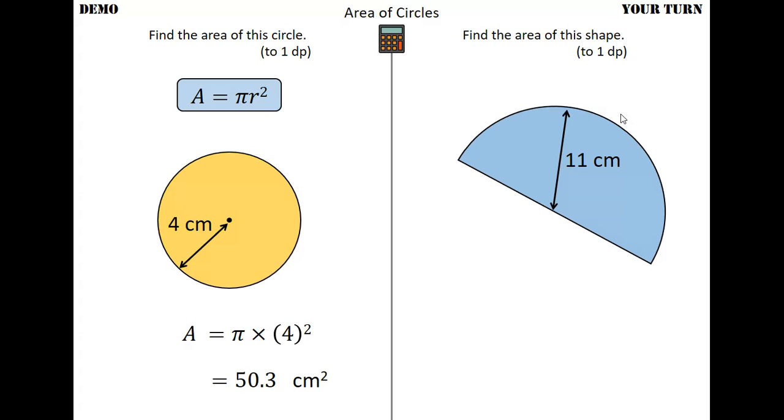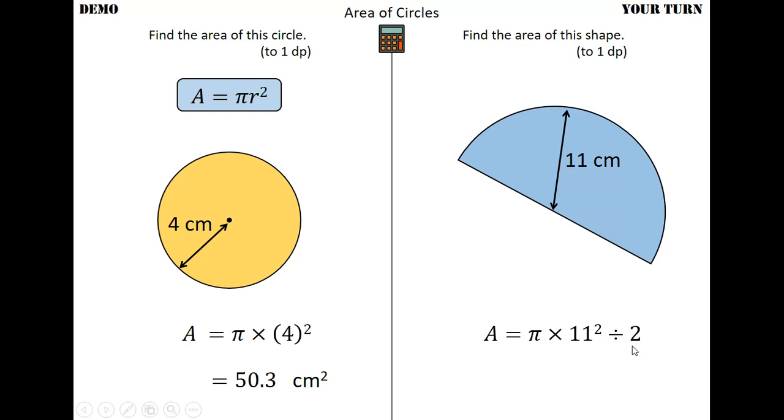Press pause and attempt this question on a piece of paper or in your exercise book. Once completed, press play to check your answer. Here's the answer. The area would be pi times 11 squared, which is the radius of the circle.